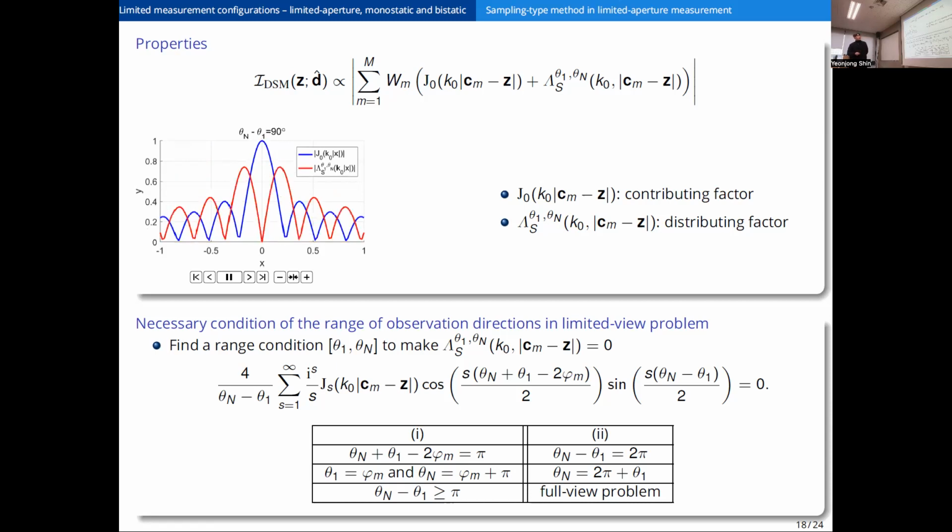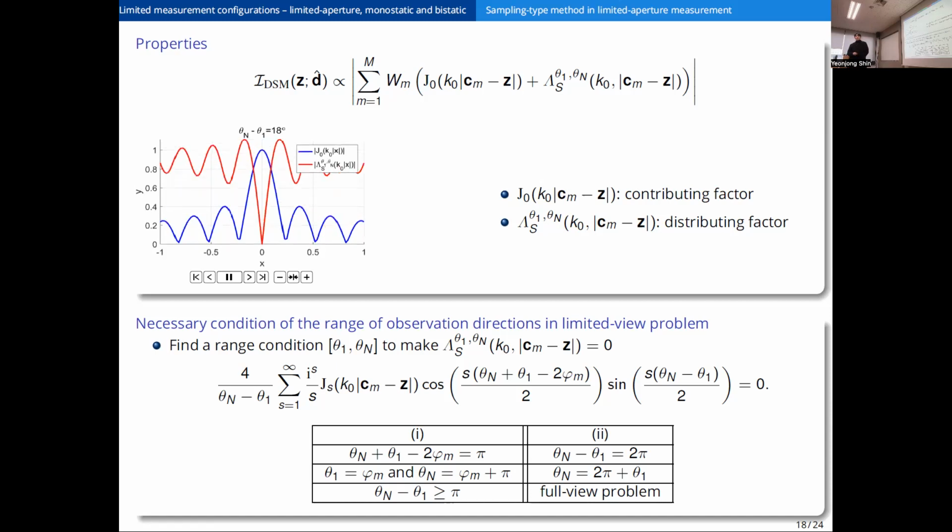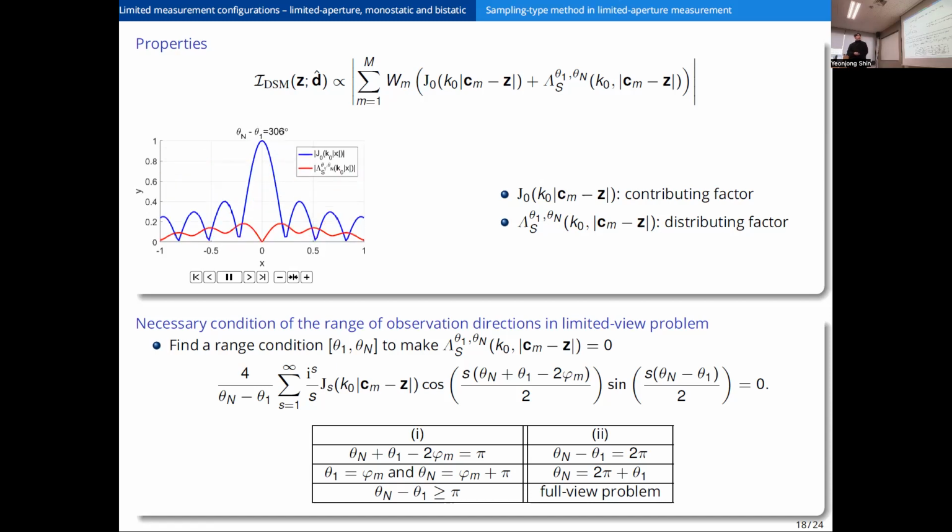From this analysis, we try to find the proper range condition of theta n and theta 1 to make gamma S equal to 0.